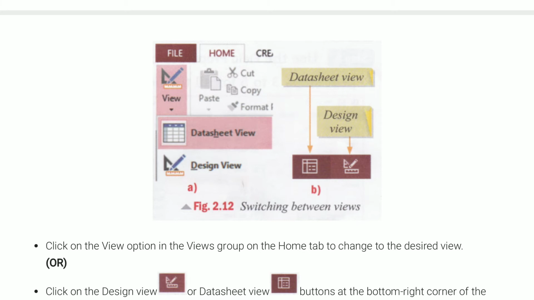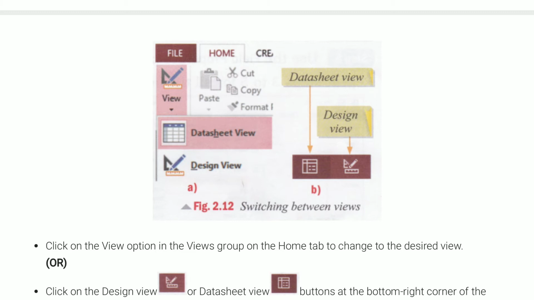As we click on the view option, you will get two options named datasheet view and design view. If we have opened the table in design view, then we can click on datasheet view to change the view of the table, and vice versa.